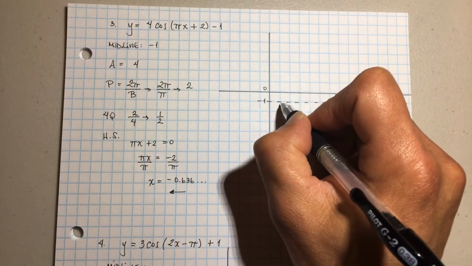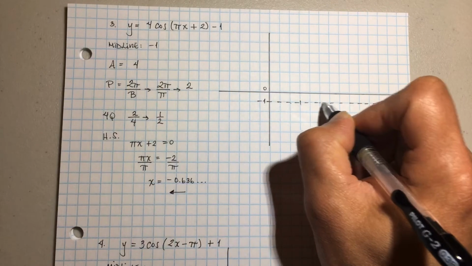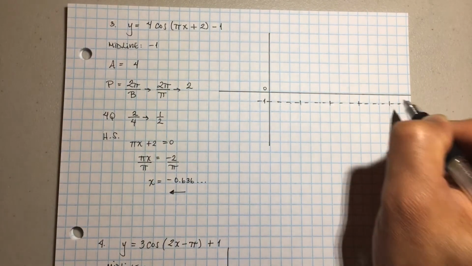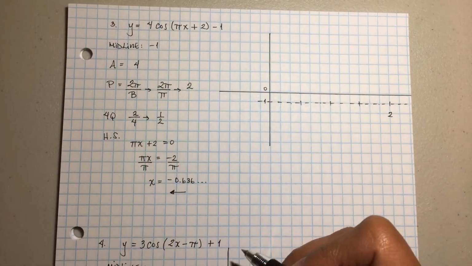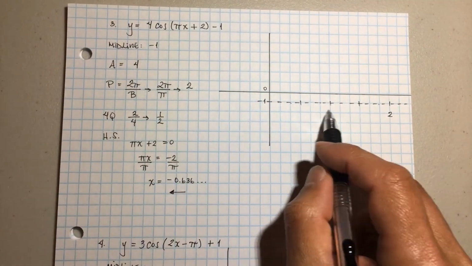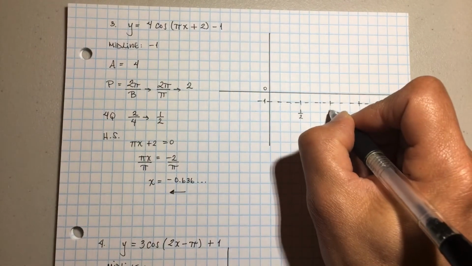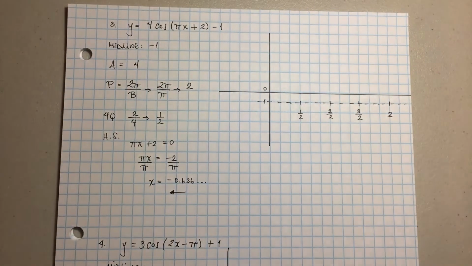So let's go here. 1, 2, 3. 1, 2, 3. 1, 2, 3. 1, 2, 3. So by the time I get over here, it should be 2. Okay. What about these other 3? I'm going to count by 1/2. So this is 1/2, 2 halves, and then 3 halves. And that one is 4 halves.